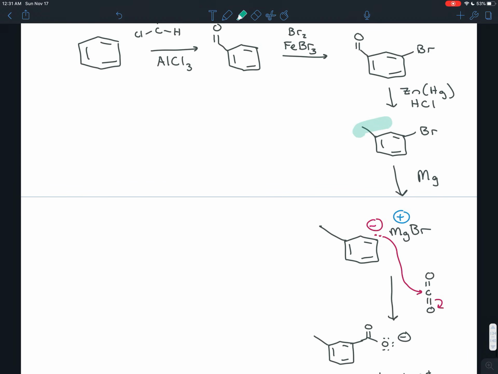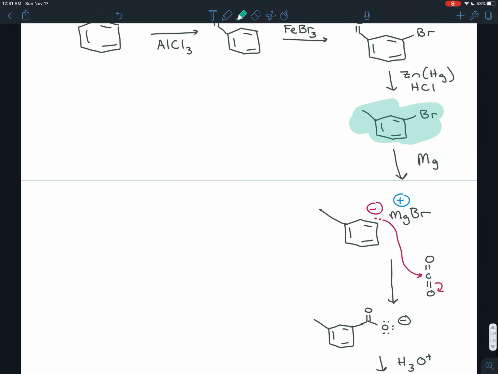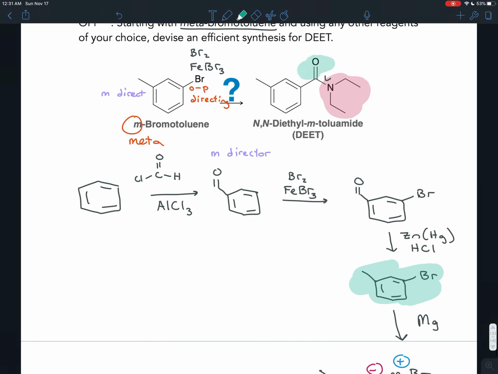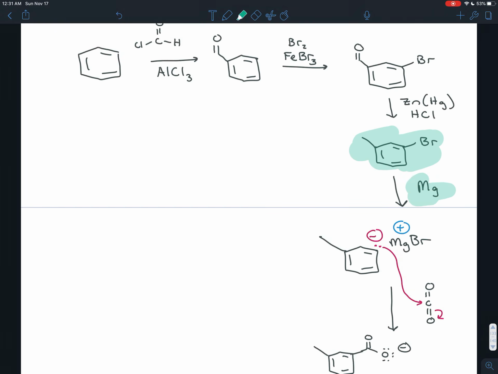Well, so much for that. That gave us what they really told us to start with here. That gave us meta-bromotoluene. We know we wanted to add stuff where the bromine was, and specifically we wanted to add a carbon. So we turned the bromine into a Grignard by adding magnesium.